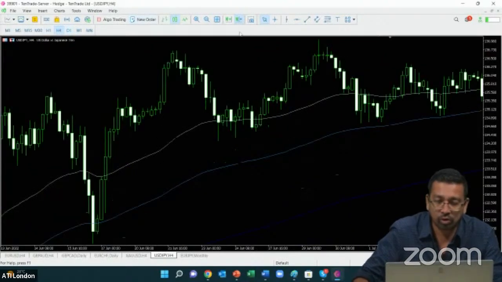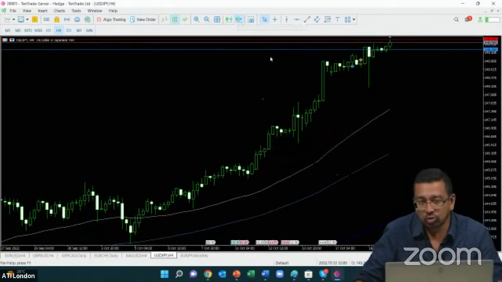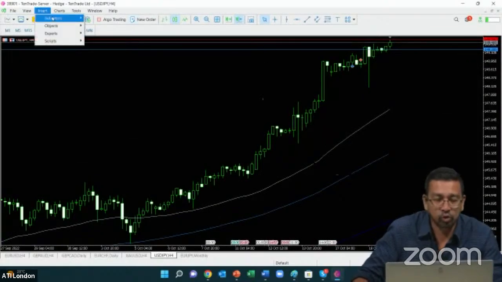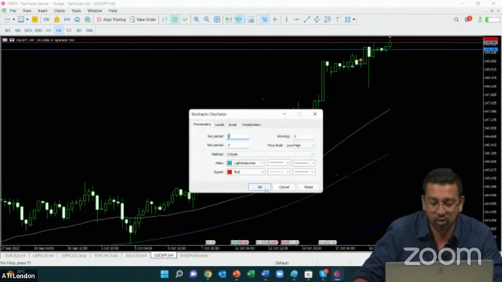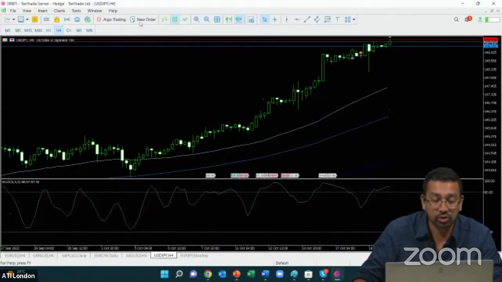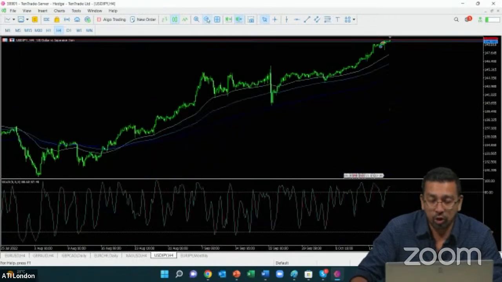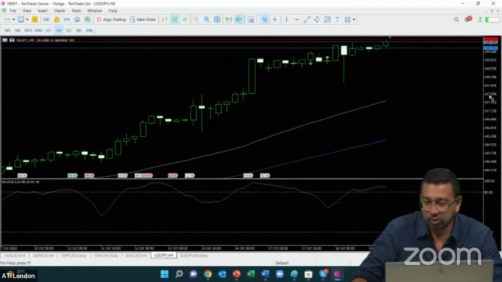Now, in order for us to understand whether or not we have a reversal, you can use the stochastic tool right here, and you don't need to change its parameters, just leave it on default, and look for divergence. Do we have any divergence? Now, on the 4-hour chart, it does look to me like there is a possibility of a divergence.